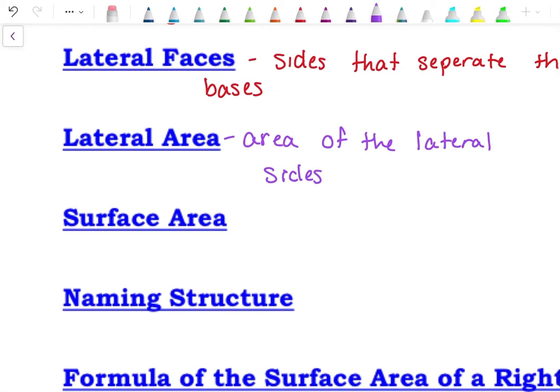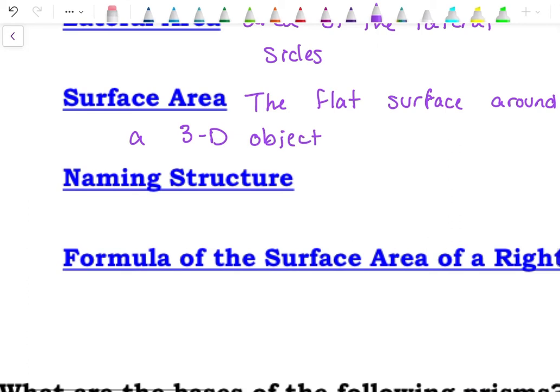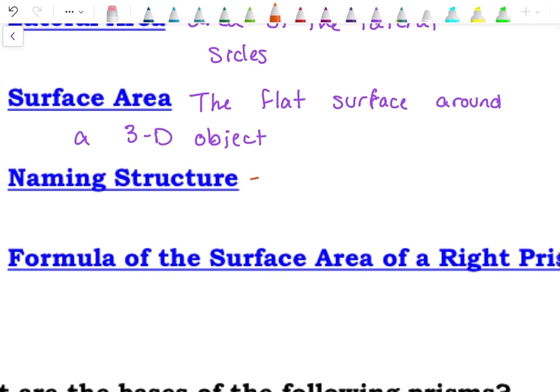Now, surface area is the flat surface around a 3D object. So it's just measuring the area on the outside sides. When naming one of these structures, we name them using the bases.